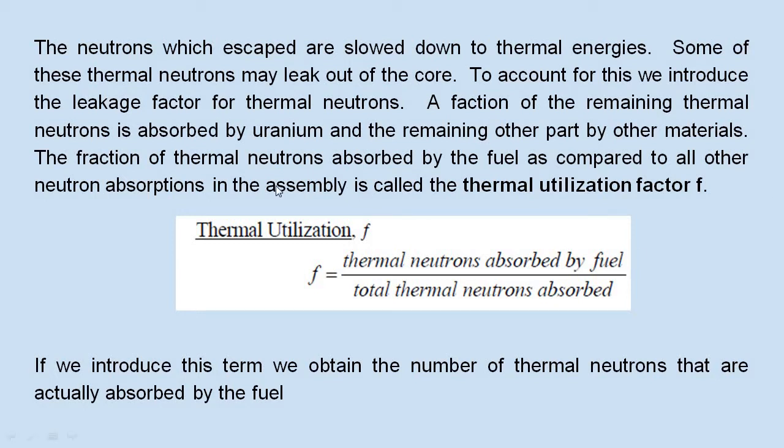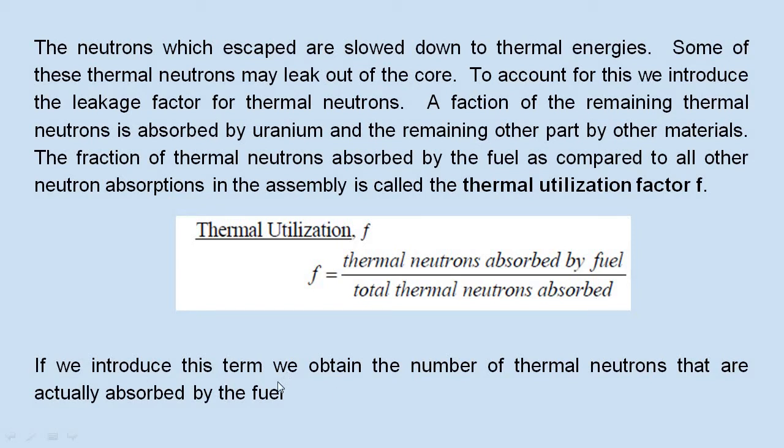So the fraction of thermal neutrons absorbed by the fuel as compared to all other neutron absorptions in the assembly is called the thermal utilization factor, because the number absorbed by uranium can cause fission. So if this number is large, there is more probability for fission. So that is the thermal utilization factor: thermal neutrons absorbed by the fuel over total thermal neutrons absorbed.